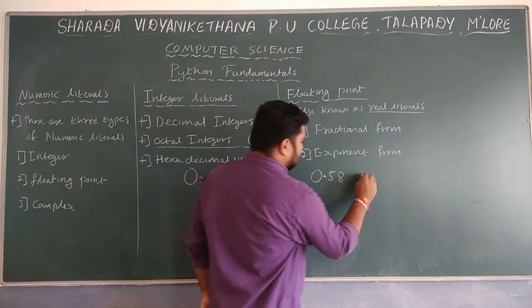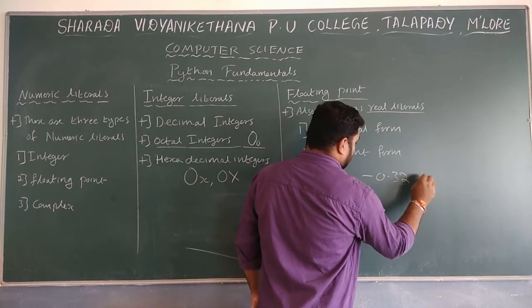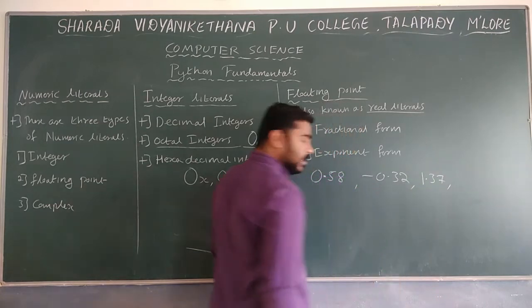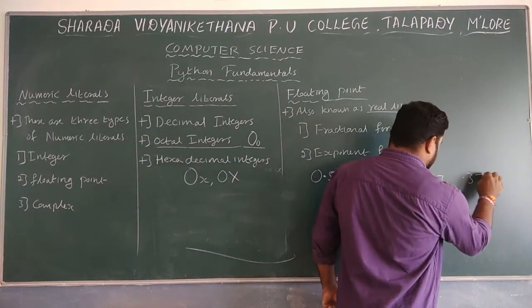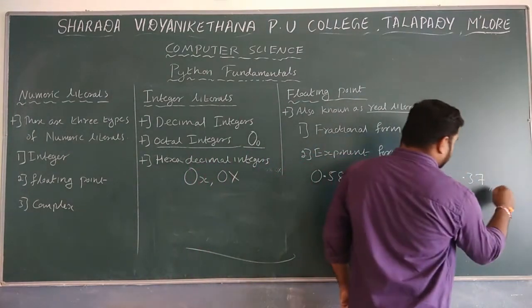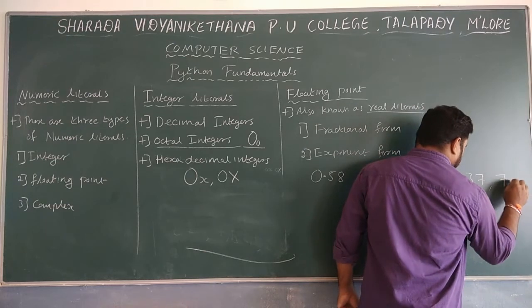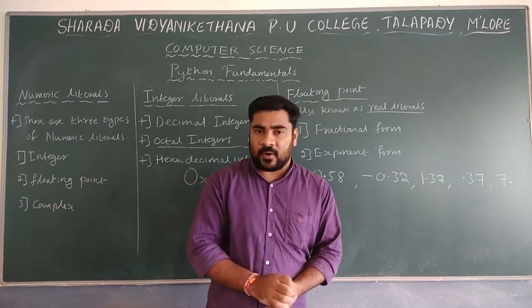or minus 0.32, or 1.37. Or you can use .37, which is 0.37. Or you can use 7., which is taken as 7.0.